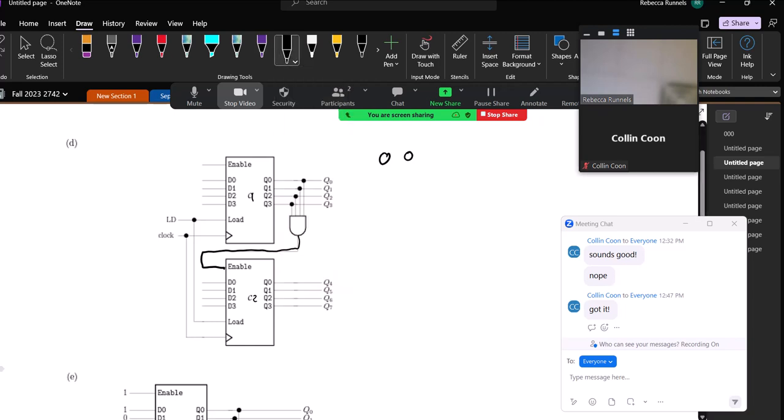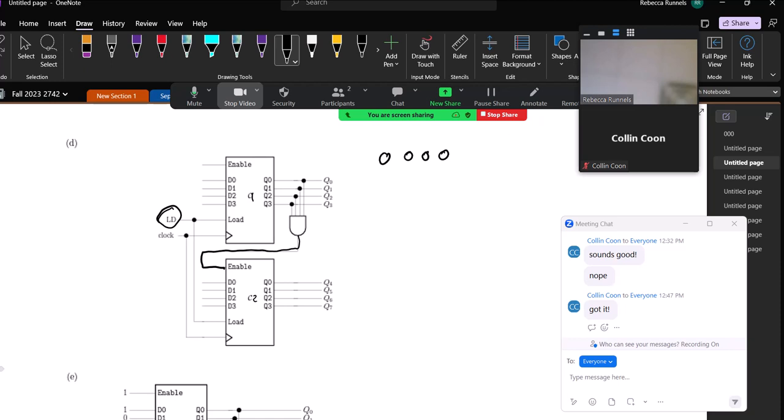So it starts with zeros, and then there's nothing to tell it whether it should load or not. The load is being shared between the first counter and the second counter, and all we see on it is some value LD, which we don't know what that is.